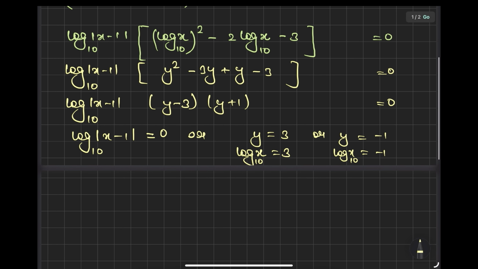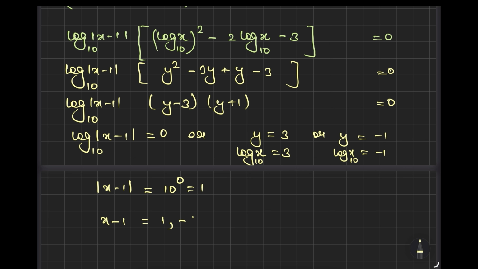Now, you know that log a to the base b is a number. So when we raise the base to this number, we'll get a. So |x minus 1| is 1. You know that if you remove the mod, you will have plus minus. So x minus 1 equals 1 or minus 1.